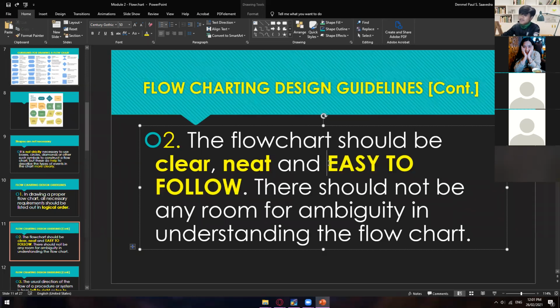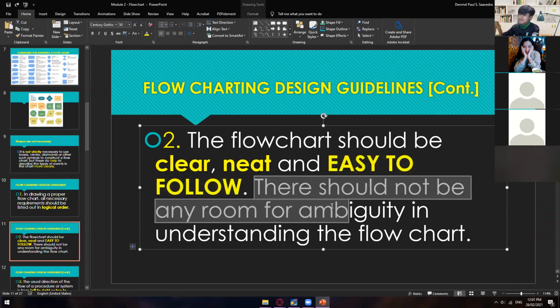So this is actually the main idea why we're creating a flowchart. It must be easy to follow because if it's not easy to follow, then what's the point of creating a flowchart? Especially since the ones who are going to read your flowchart are the non-techie people, the one who wants to learn about your system, the one who's going to use your system, your customer.